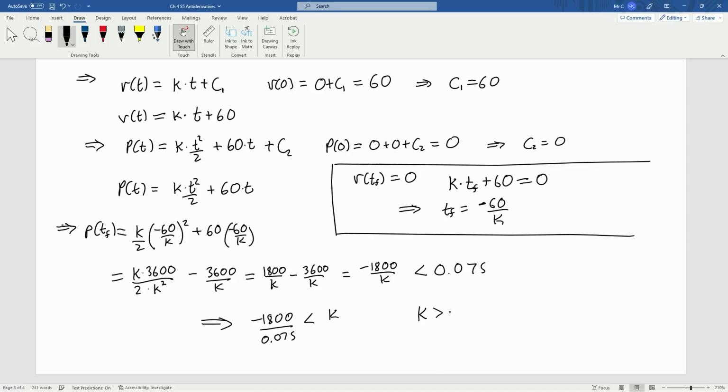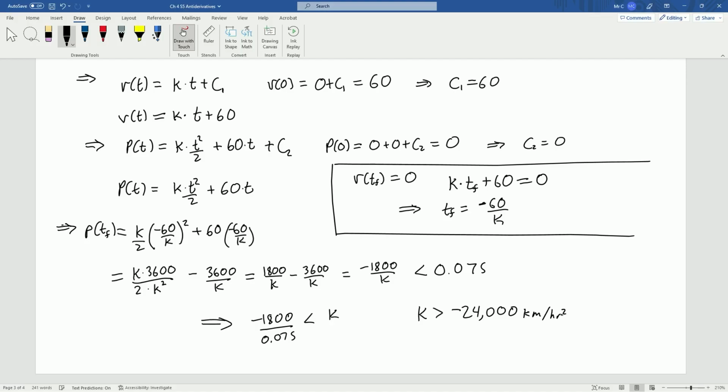So in other words, k needs to be greater than approximately, let me plug this into my calculator here, negative 24,000. And this is going to be in kilometers per hour squared.